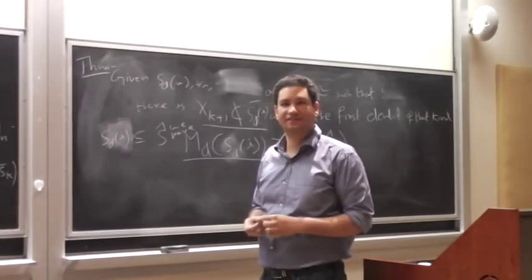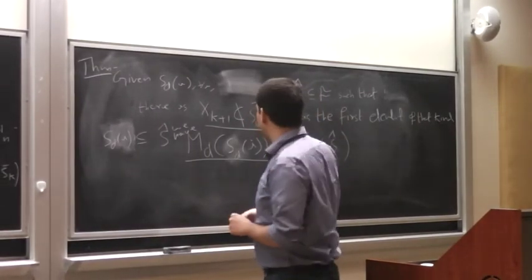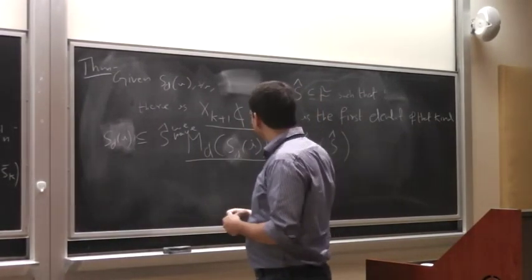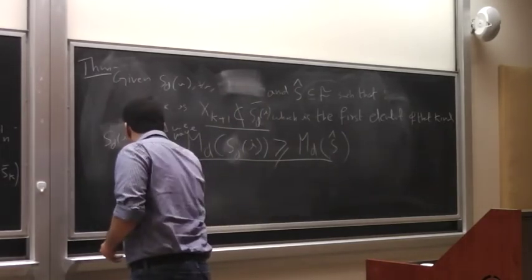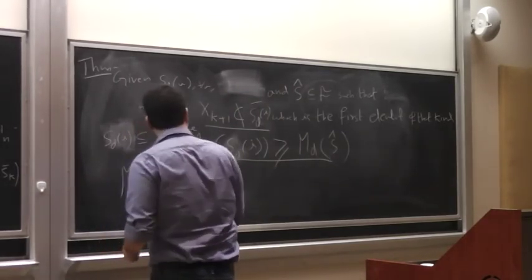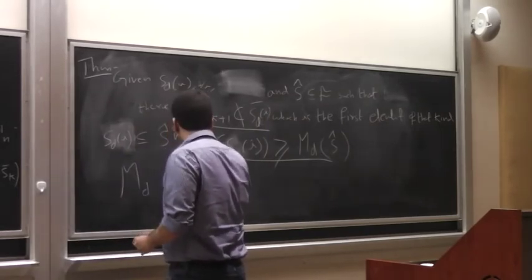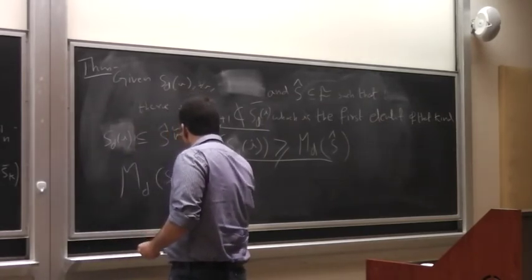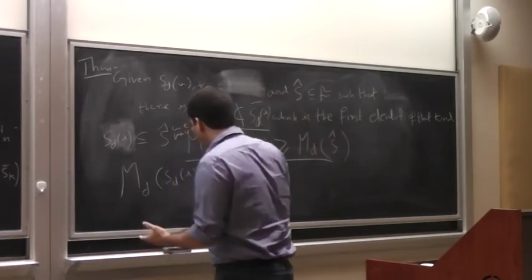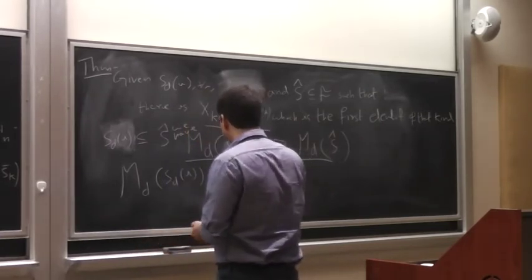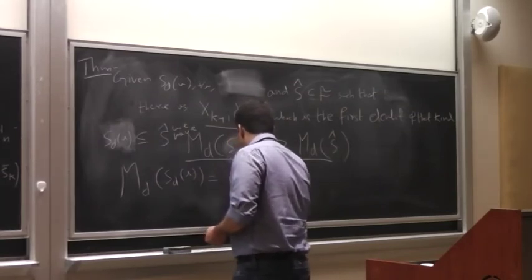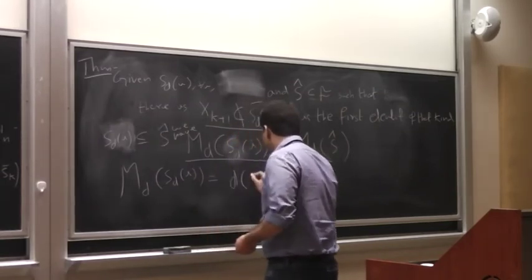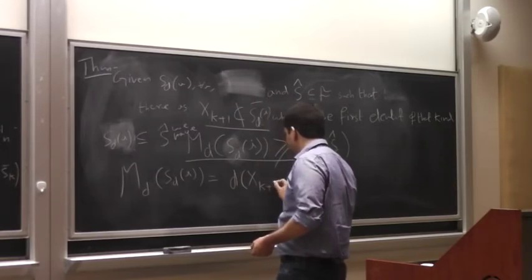The implications are basically we have an algorithm after that. The proof is as follows. So everything comes out from the definitions, nothing coming out of my hat new now. So MD of SD of I is equal to nothing but D of X K plus 1.